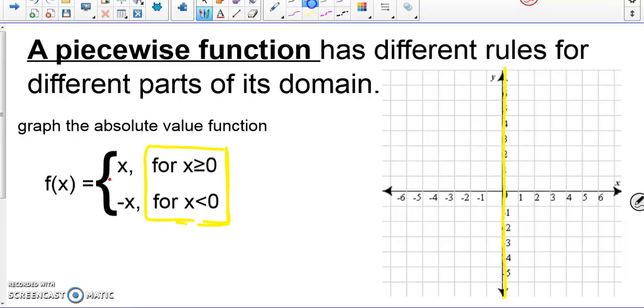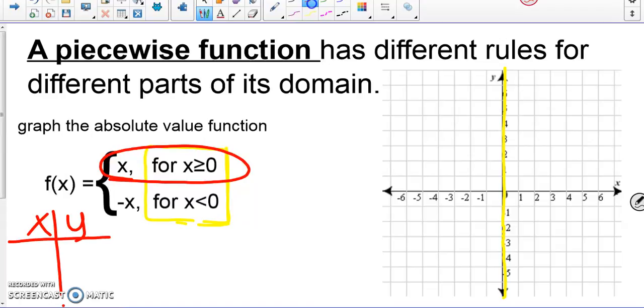The first one I'm going to look at is when x is greater than or equal to 0, we are going to be equal to itself, x. So, if I was to make a table of values for that side, I'm going to start at my fence so I know where I'm starting. So 0 is equal to 0. So 0, 0 is my first point.